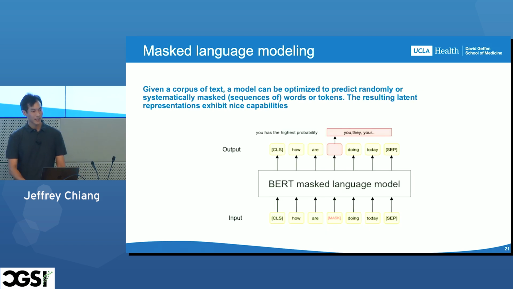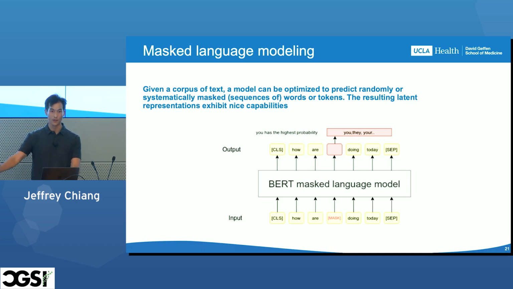So, a slight detour into how these things are trained. I know James gave a great introduction to this earlier this week, so I'll just say that for the most part, these models are trained using masked language modeling. Essentially, you're given a piece of text, and the model is optimized to predict either randomly or systematically masked sequences of words in this text, kind of like a Mad Lib.